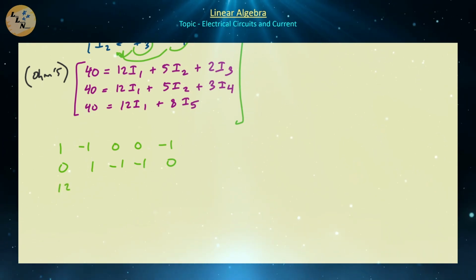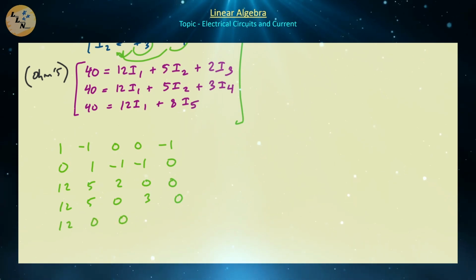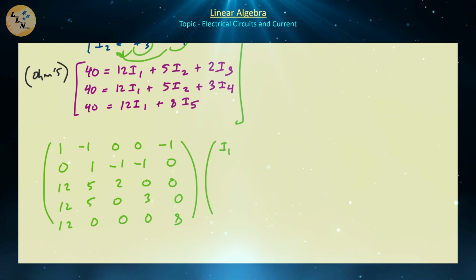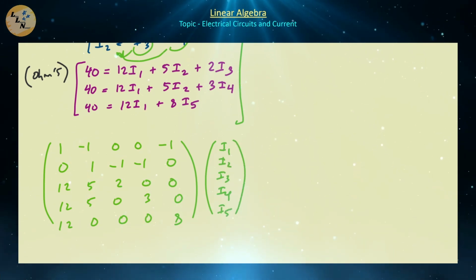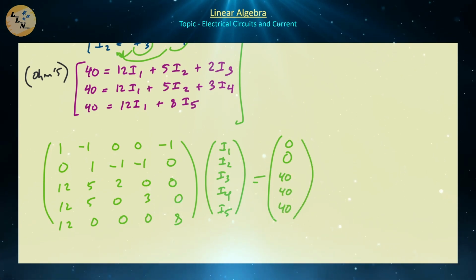For example, we're going to have 12, 5, 2, 0, 0, 12, 5, 0, 3, 0, and then 12, 0, 0, 0, and 8. And then we have I1, I2, I3, I4, and I5. Keep in mind, for the Kirchhoff's law, we're setting them equal to 0, and for the Ohm's law, we're setting them equal to the voltages.